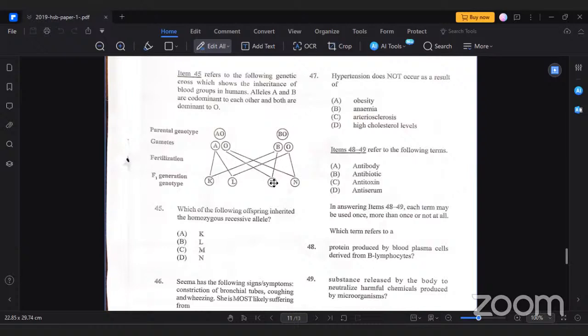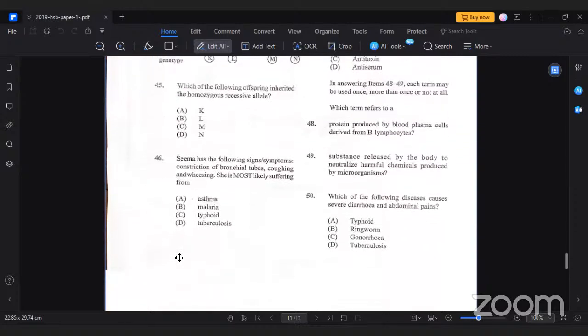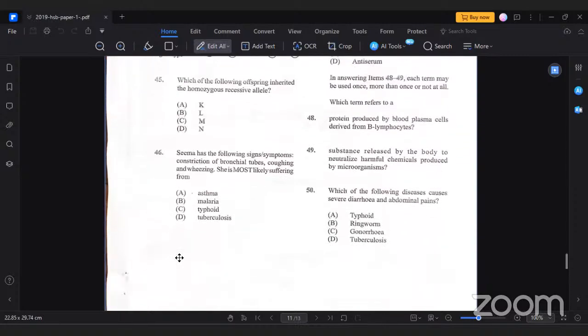It leads to M, but it has a dominant B. O leads to N as well. So N received a homozygous recessive allele. So the answer for 45 is D, N.